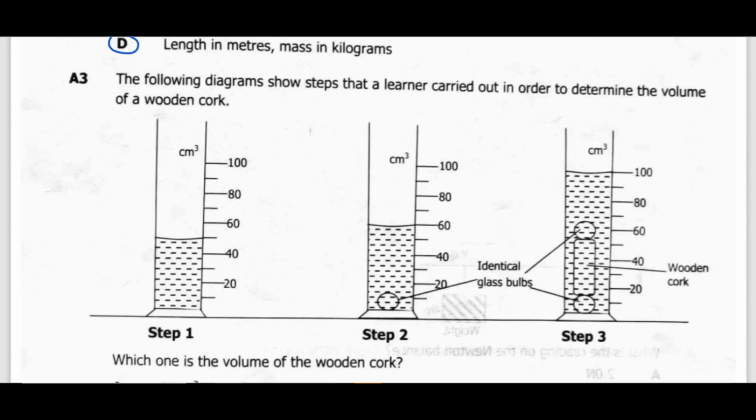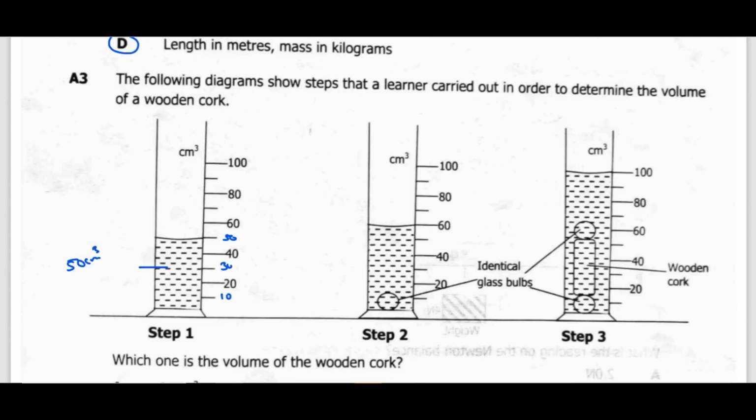A glass bulb was dipped in, and then the liquid had to increase from 50. This is 10, 20, 30, 40, and then this is 50. So the volume for this liquid is 50.